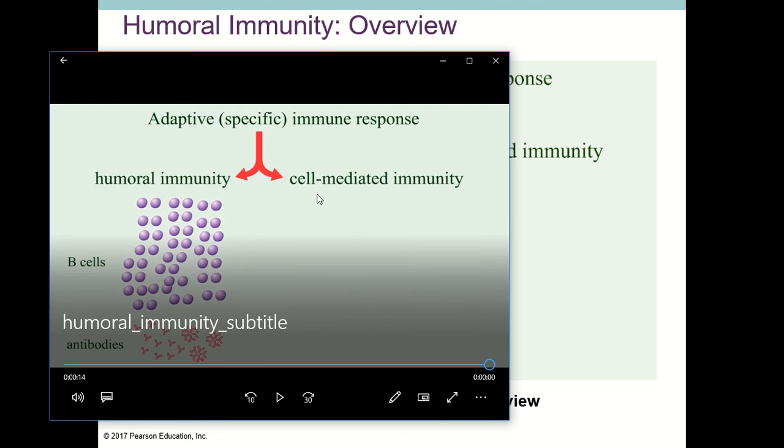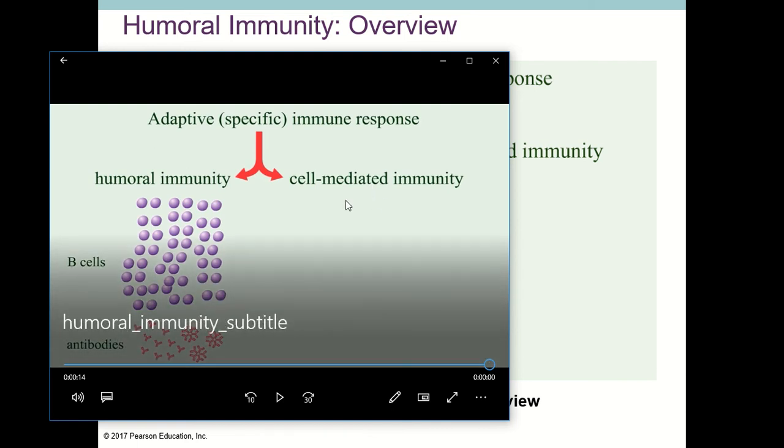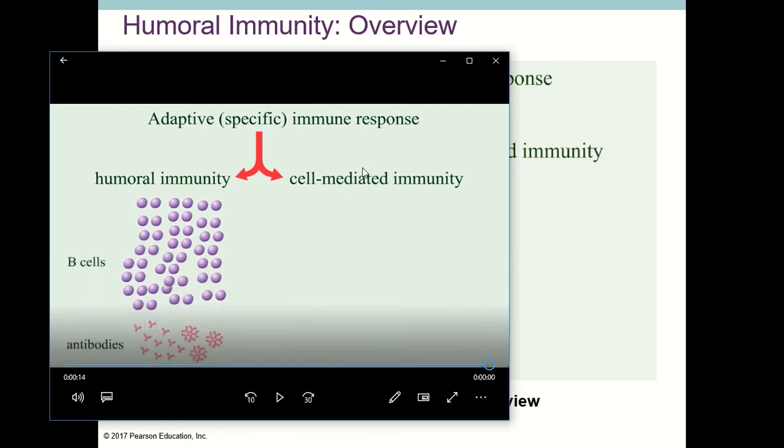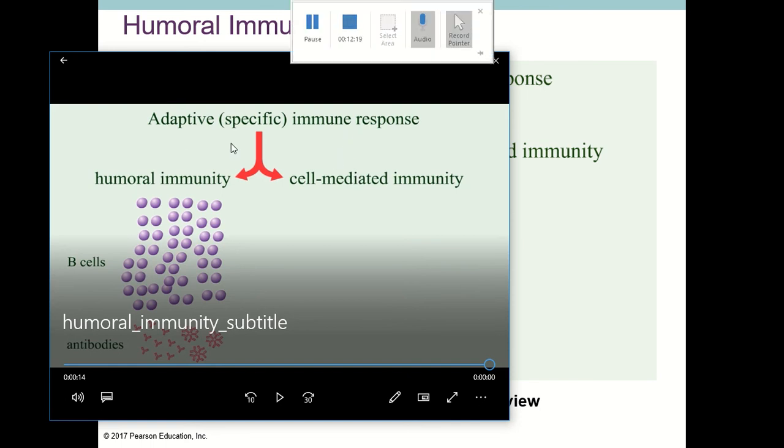And then the other branch is cell-mediated immunity, which deals with pathogens in a different manner, which is very specific in order to elicit the destruction of those pathogens.